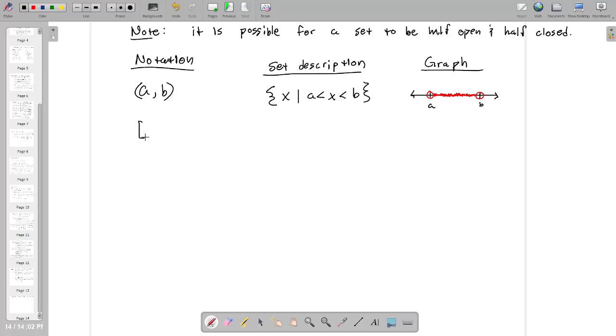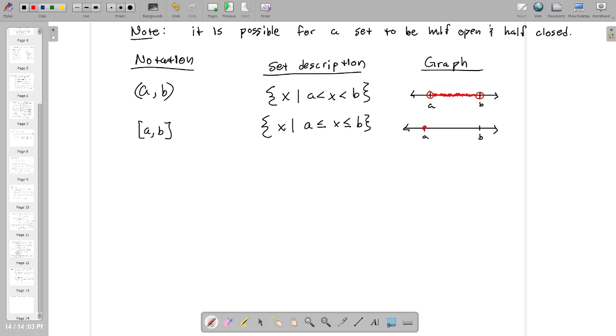We have the closed interval, [A, B]. And this would be the set of X such that A is less than or equal to X, which is less than or equal to B. Again, draw our number line, plot A, plot B, and this time, because A and B are both included in the set, the bracket here, and equality here, our endpoints are included.